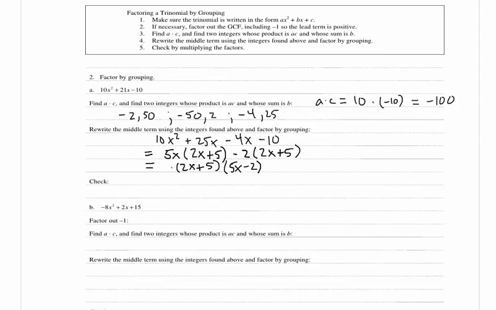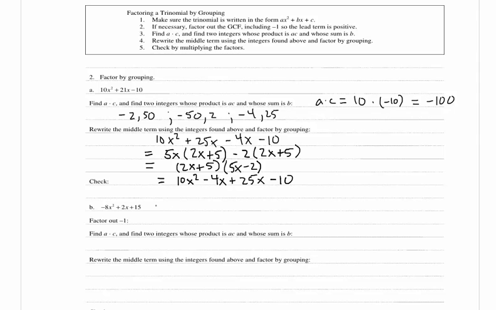And now they want us to check. So we're going to FOIL this out, and we're going to have 10x squared minus 4x plus 25x minus 10. And that's the polynomial that we started with.